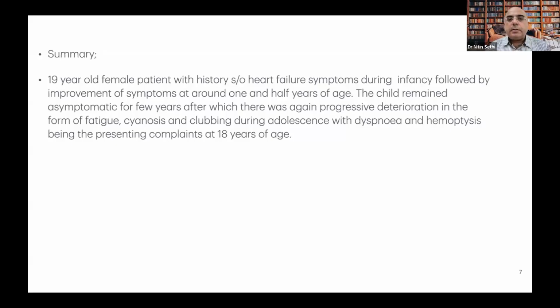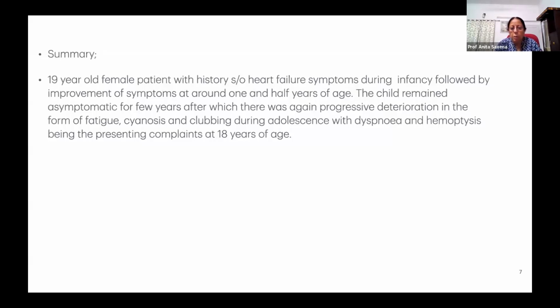So the natural history is suggestive of increased Qp in infancy, followed by an apparently asymptomatic period, and then development of PH, probably leading to symptoms like breathlessness and hemoptysis at a later age. So basically, you can probably pinpoint a particular possibility based on that history.